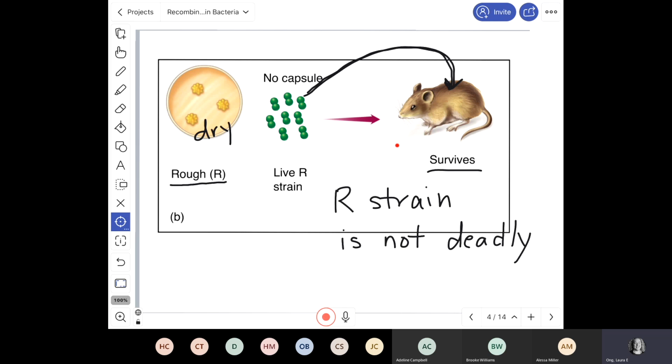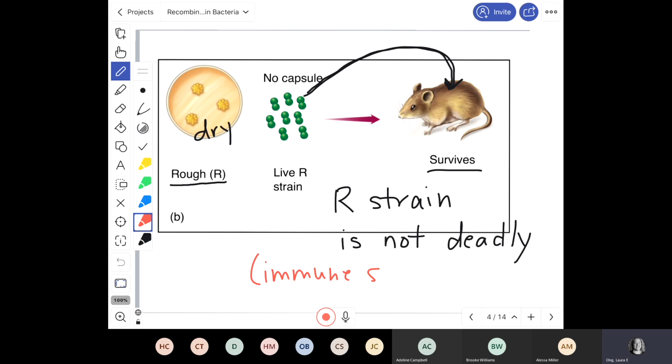Griffith didn't know why this was. People didn't know much about the immune system in those days. But they did know that rough strain is not deadly, smooth strain is deadly. What we know now as the reason for this is that the immune system of the mouse or of the person can detect and thus protect if the capsule is not there.